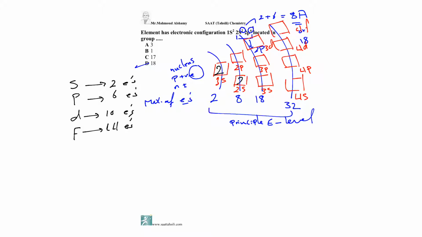In the second level, s holds 2 and p holds a maximum of 6, so 2 plus 6 is 8. In the third level, s is occupied by 2, p by 6, and d by 10. So 10 plus 6 plus 2 is going to be 18. In the fourth level you have 2, 6, then d occupied by 10, and f occupied by 14. If you add it all, it's going to give you 32.